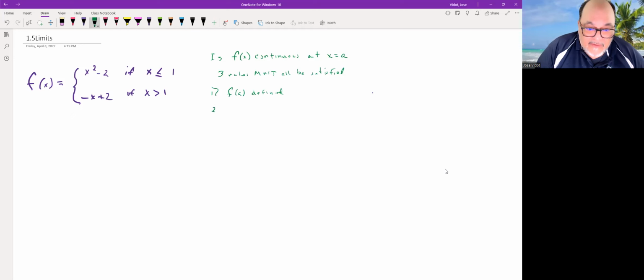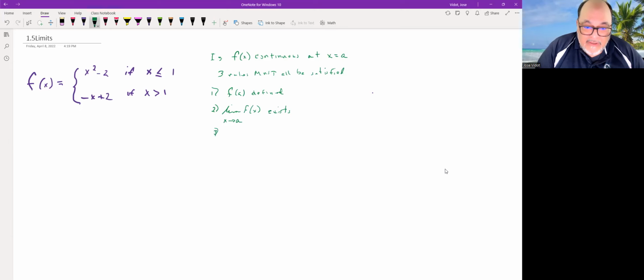Okay, the second thing is that the limit as x approaches a of f of x exists. And for these kinds of problems where you have two sides that you're looking at, you'll have to check from the left and the right.